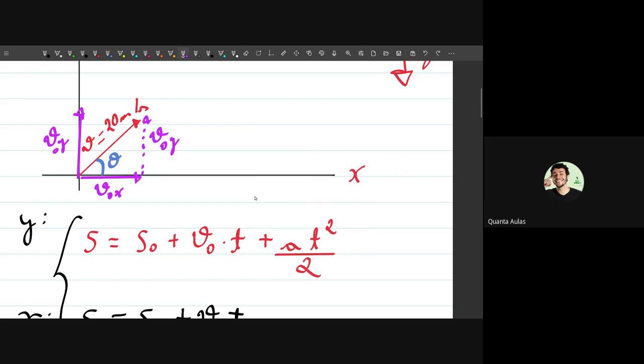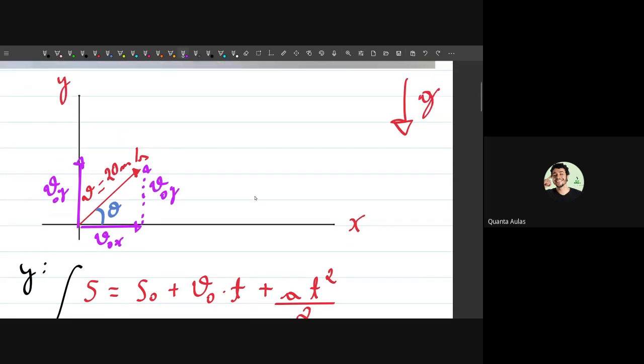We know about triangles, about sine and cosine. If you remember, here we have a triangle. This is the hypotenuse. If the angle is here, this is the opposite leg.